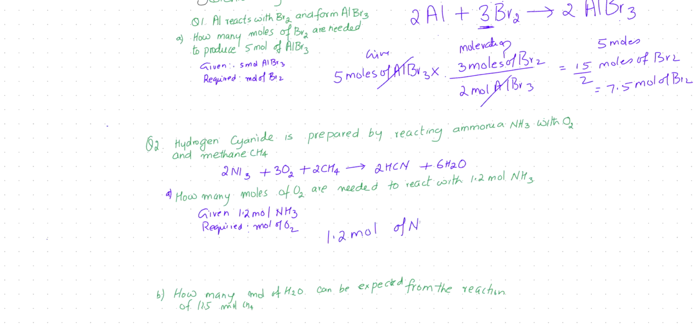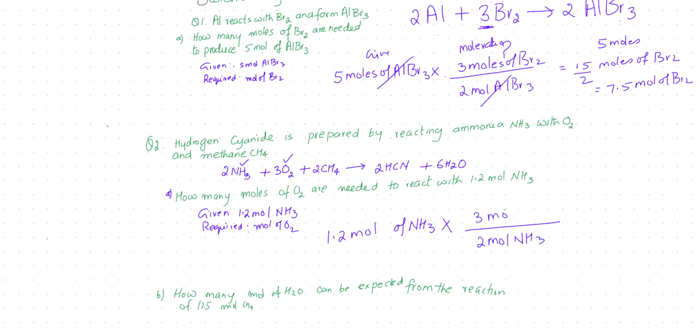Times mole ratio. So the mole ratio is ammonia and oxygen. Because here ammonia is at the top, we write ammonia below. So 2 moles of ammonia, NH3, requires 3 moles of oxygen.